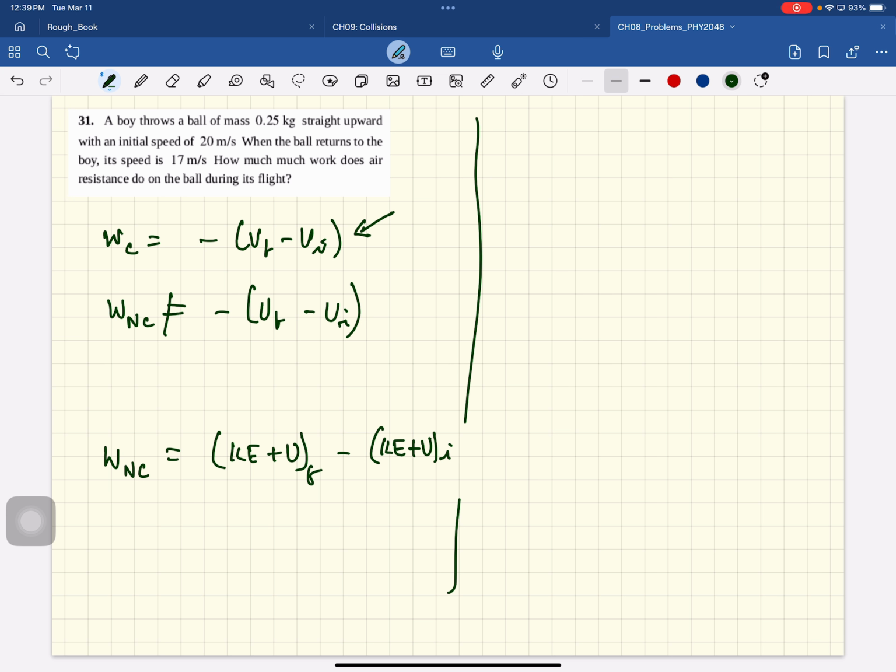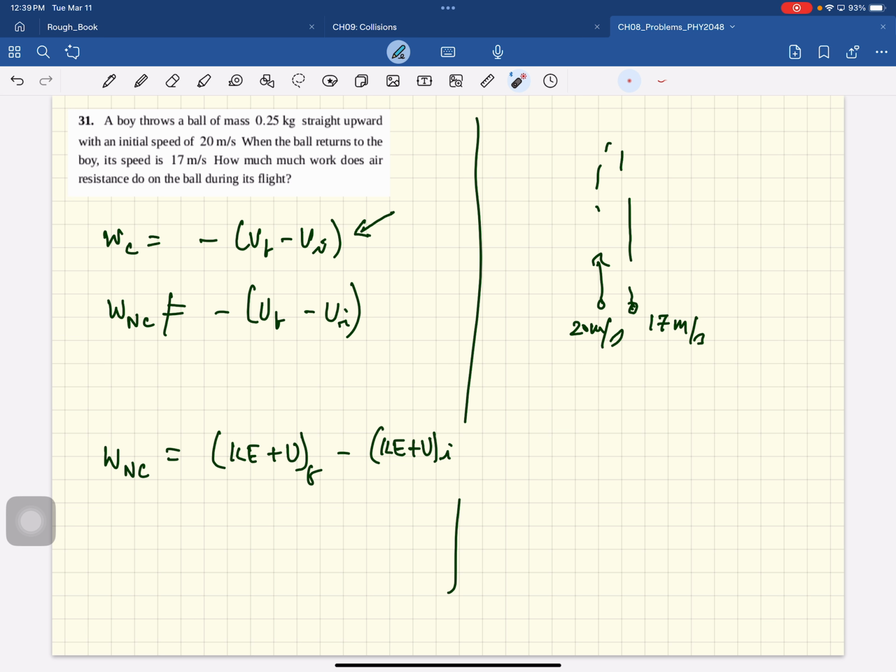So this fellow is throwing the ball up at 20 meters per second, and the ball comes back to the same spot at 17 meters per second. Gravity is the only other force acting on it, so gravity acts on it and air resistance.